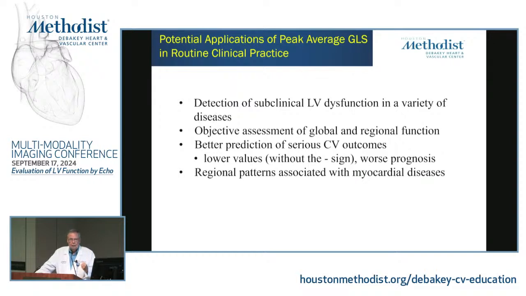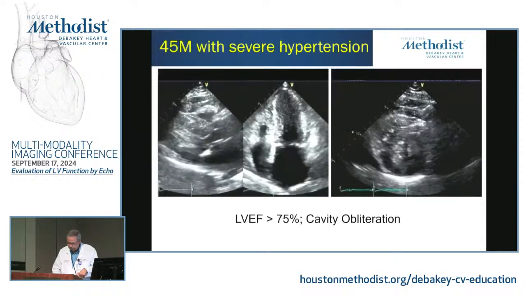And most importantly, as we're seeing with more and more diseases, it gives us a better prediction of serious cardiovascular outcomes compared to the standard of 50 years, which is ejection fraction. And then there are regional patterns that will help us also detect diseases and, of course, coronary artery disease.